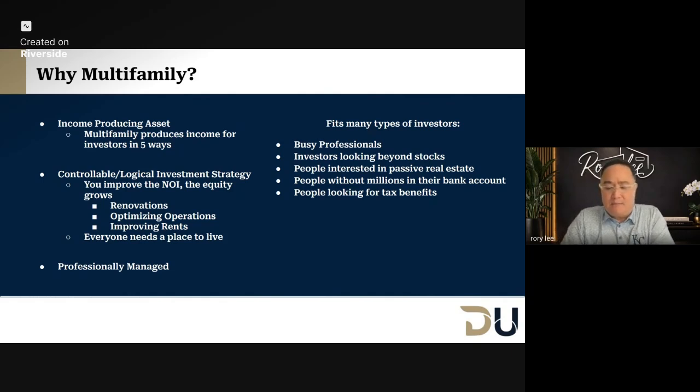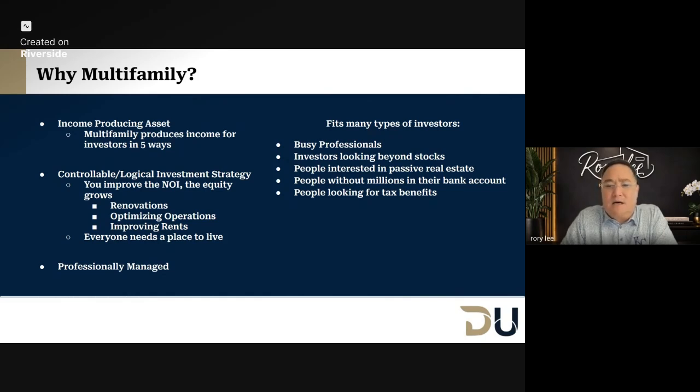Again, multifamily is for people to invest passively, where once you choose your operator, you just let them do all the work. Your job obviously would be to keep an eye on it, and we give you updates regularly. But I think one of the biggest benefits is that typically, to purchase multi-million-dollar properties, you would need millions of dollars.